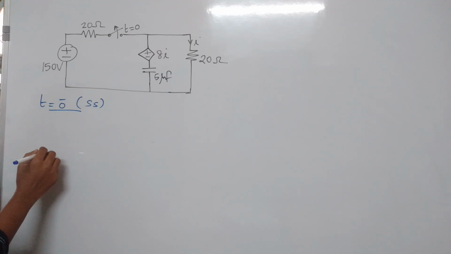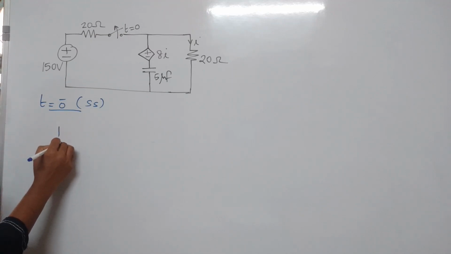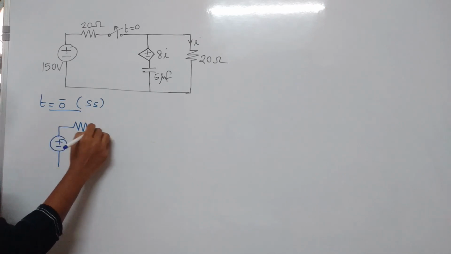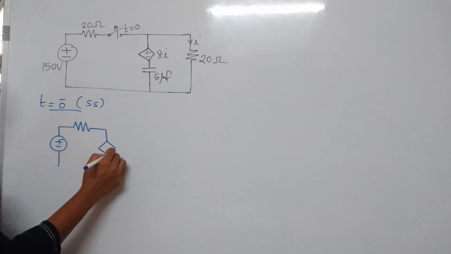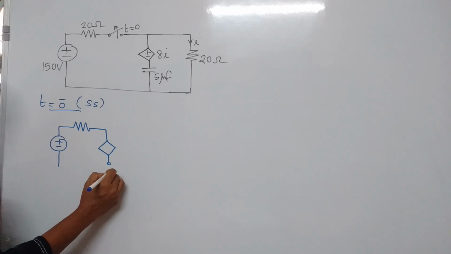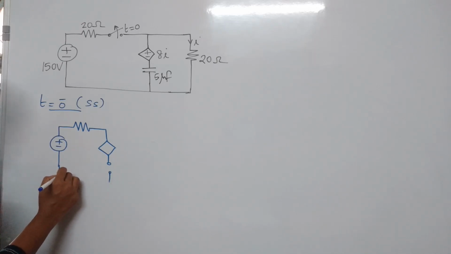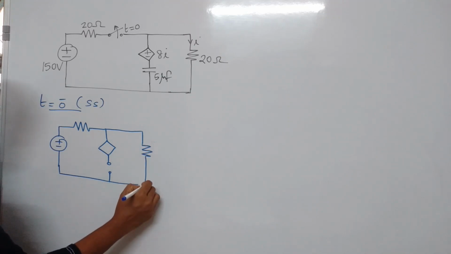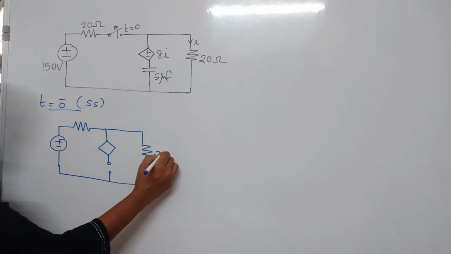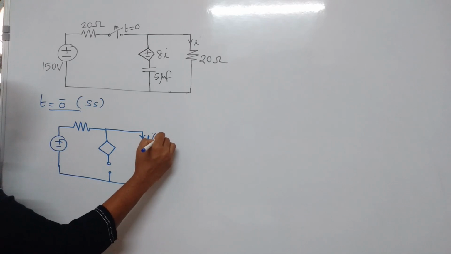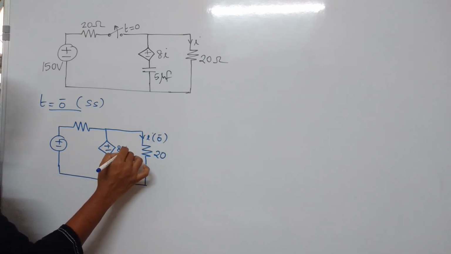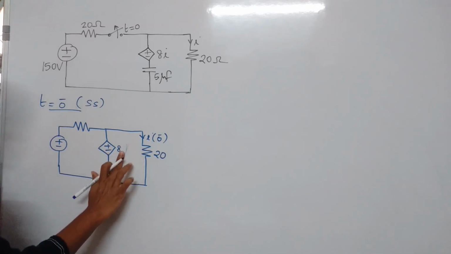The switch is closed at t equal to 0 minus. There is a dependent source, capacitor replaced by open circuit. This is 20. This will be 8 into I of 0 minus.